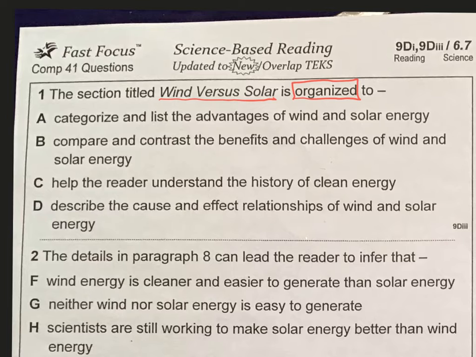And looking at the answer choices, I can see that they're going to ask if they categorize and list advantages of wind and solar energy, if they're going to compare and contrast the benefits and challenges of wind and solar energy, if they're going to organize it in order to help the reader understand the history of clean energy, or if they're going to describe the cause and effect relationships of wind and solar energy. So we need to go over to that section, wind versus solar, and make ourselves a note to pay attention to how the section is put together.